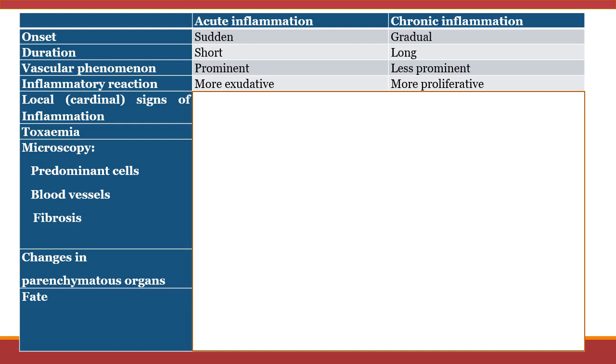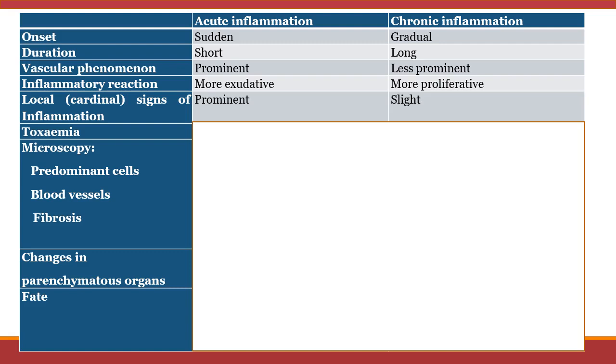Then what about the signs of inflammation? Local signs of inflammation, which mean redness, hotness, swelling, all of those. And keep in mind that most of those signs of inflammation are also related to the vascular phenomena. So which one has prominent local signs of inflammation? Which one has less prominent or minimal signs of inflammation?